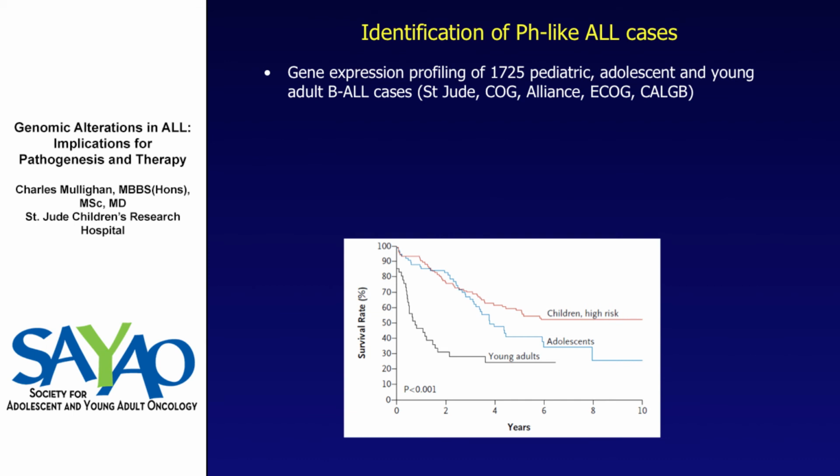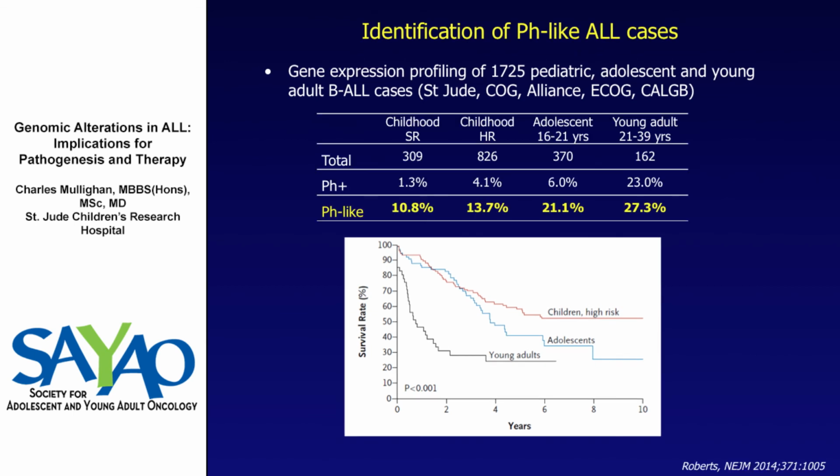This study included over 1,700 B progenitor ALL cases from St Jude, the COG and the adult cooperative groups. The key finding in terms of frequency was that in childhood standard risk leukemia, PH-like ALL is much more common than BCR-ABL positive leukemia, and the frequency rises with increasing risk features and also with age.